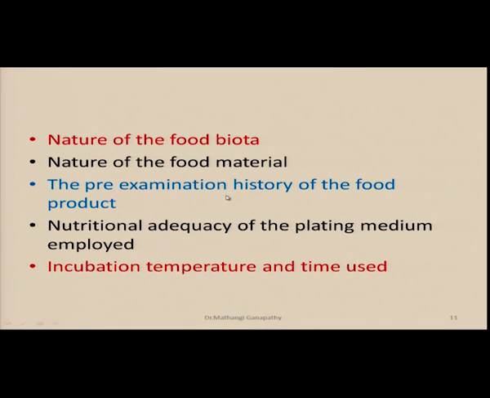The nature of the food biota depends upon the product, whether it is a plant, animal or marine seafood product; the nature of the microbiota on that particular food will vary. So, accordingly we will have to change the concentration and the type of sampling method which we are going to use. As for the nature of the food material, is it processed, is it fresh, what is the condition of the particular food product, what have been its storage conditions, all those will influence that.